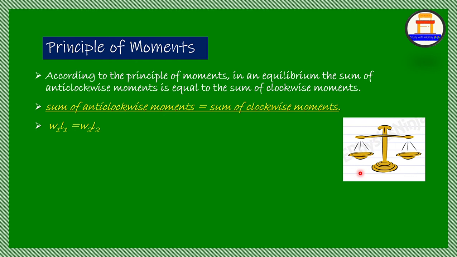So weight into length is equal to weight into length. This is basically moments. Moments means force, force means weight. Weight is applied on the body, so force is applied in turn. And length is nothing but distance, perpendicular distance. So, bringing out all the concepts, we have done this.